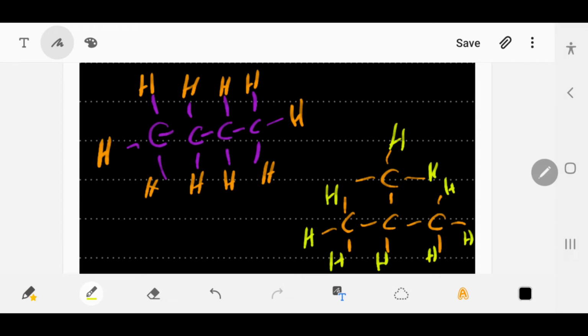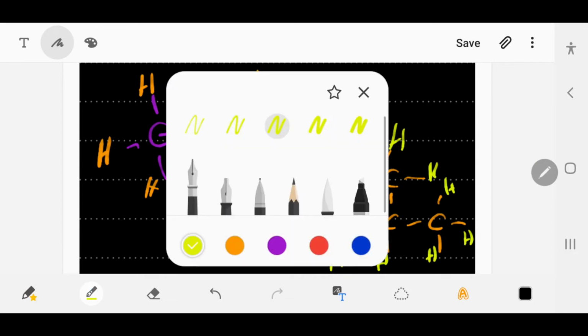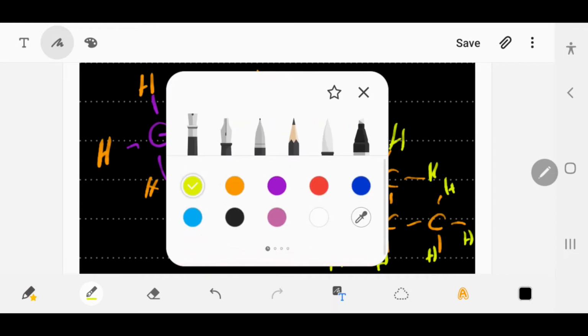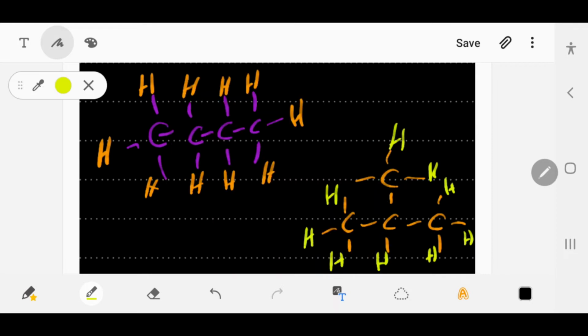If we look at both compounds here, guys, and count the number of atoms, this is 1, 2, 3, 4, 5, 6, 7, 8, 9, 10 hydrogen atoms with 4 carbon atoms.